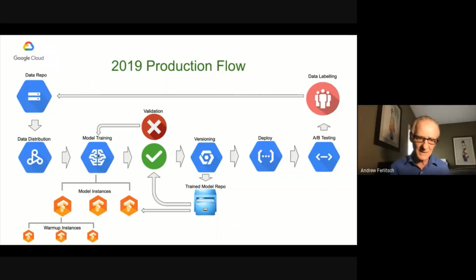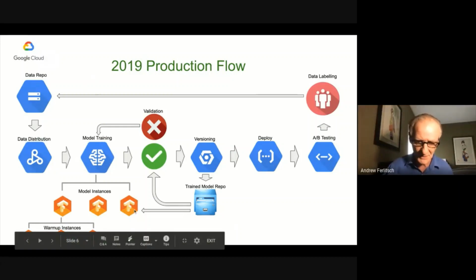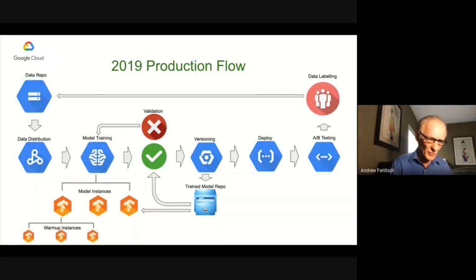And we don't train a single model anymore. We train multiple instances of the model, trying to find which one is better. And even within that, on each instance, we do what's called warm-up training. These are little short-run trainings to do what's called numerical stabilization, which helps the initial weights in the model get to a point where they can better learn.